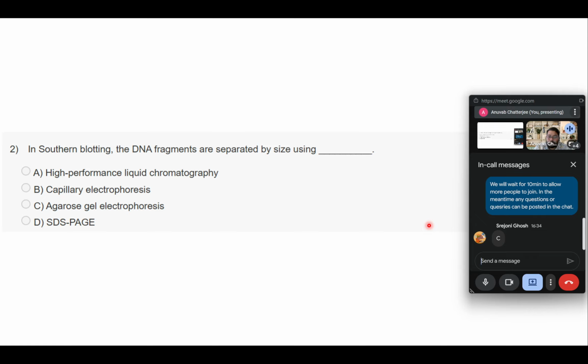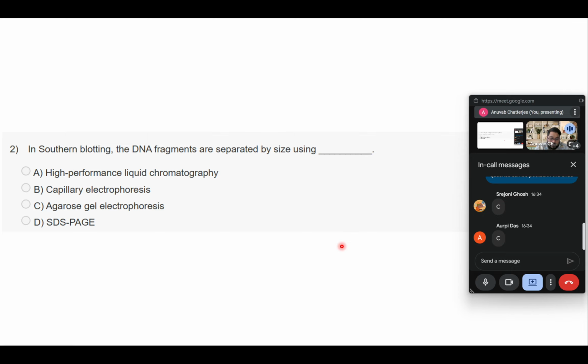Fusion says it is C, agarose gel electrophoresis. Anyone else? Rupi also says it is C, agarose gel electrophoresis.